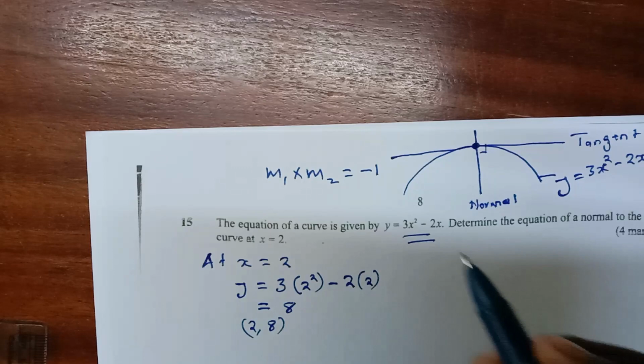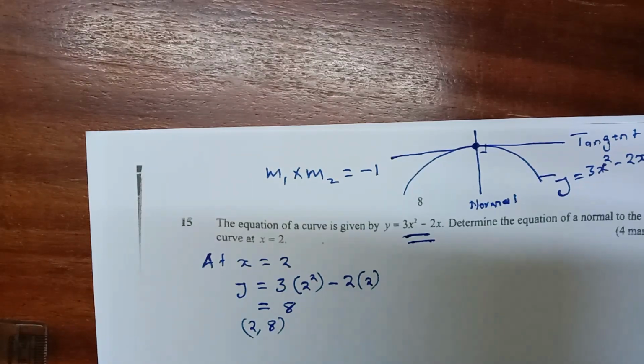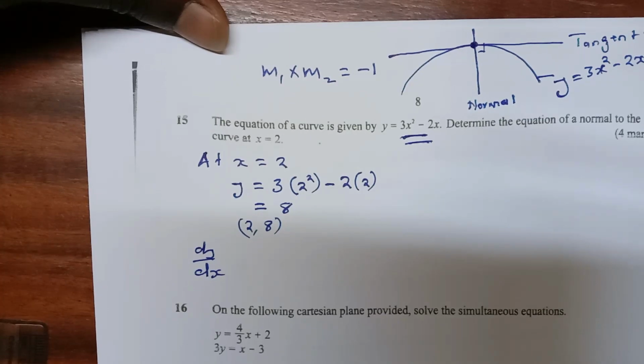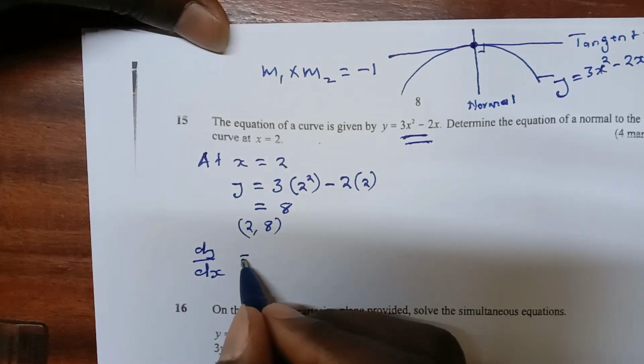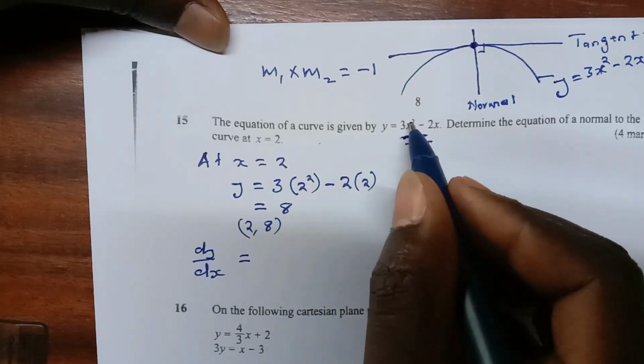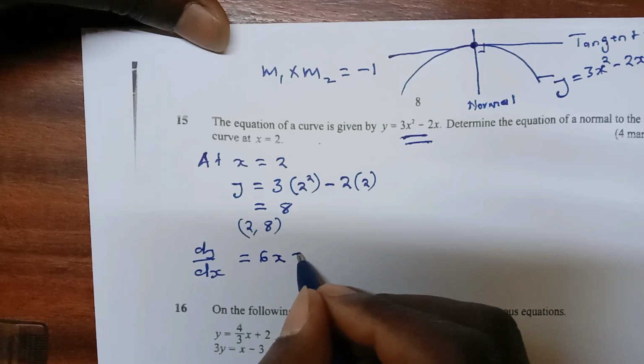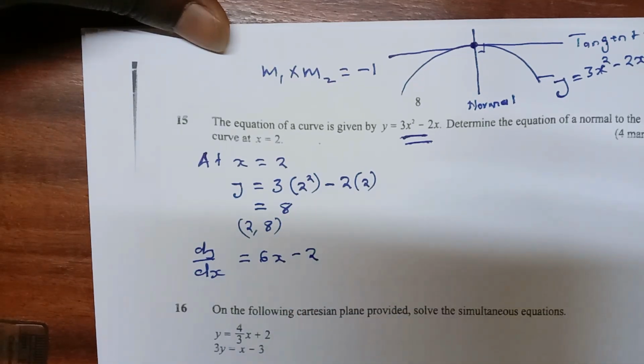Now, we need to find the gradient of this curve. For the gradient function, we are going to differentiate. So you find dy/dx, that is, differentiate y equals 3x squared minus 2x with respect to x, and dy/dx in this case gives us 6x minus 2.